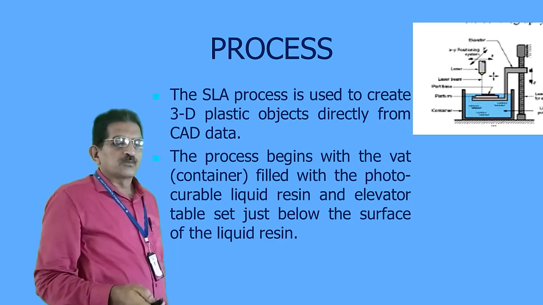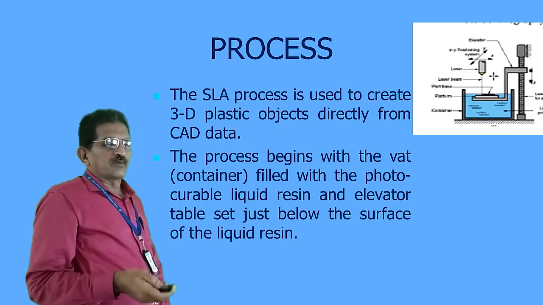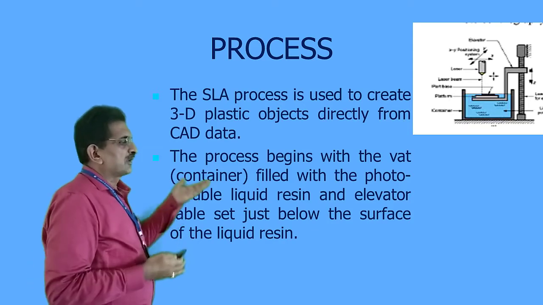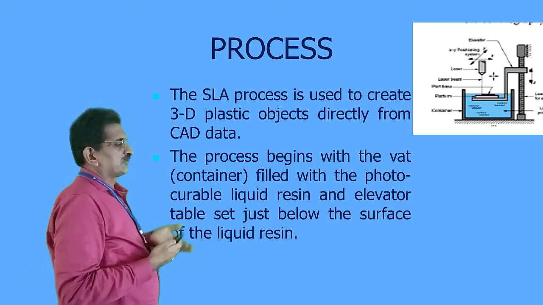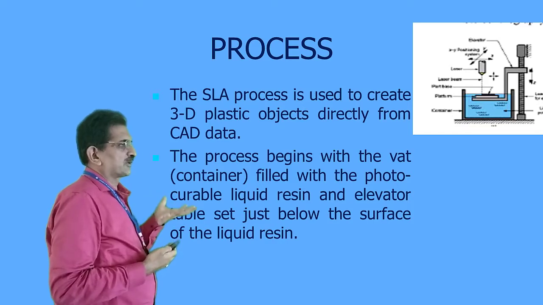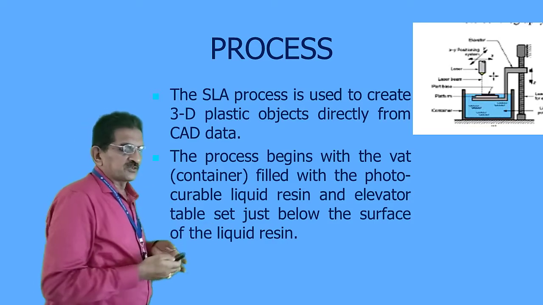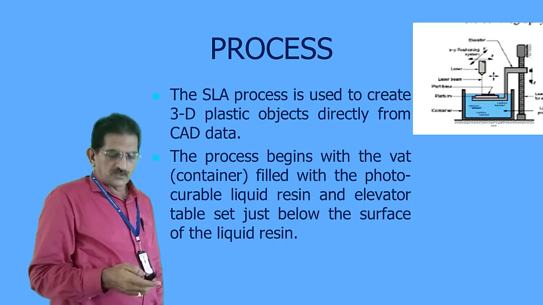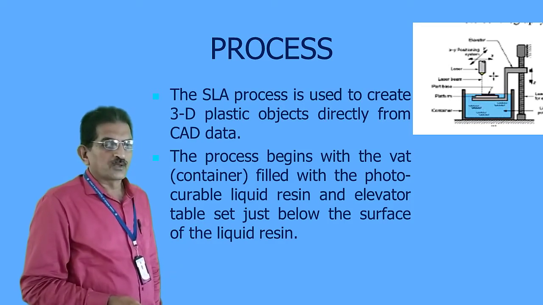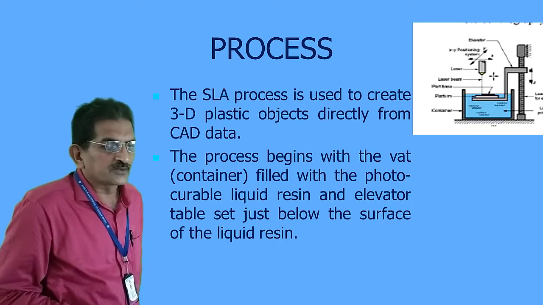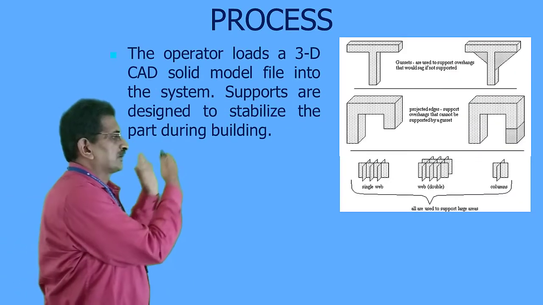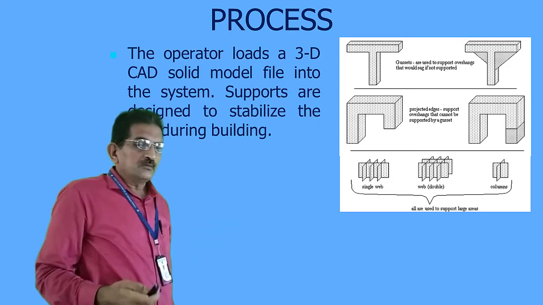So the process goes on making layer by layer, and these are the supports. We use supports because when layers are made, the platform needs to support them. According to the component shape, these supports are adjusted, and you can have different supports. In the process, first you make the CAD data, then convert it into an STL file.